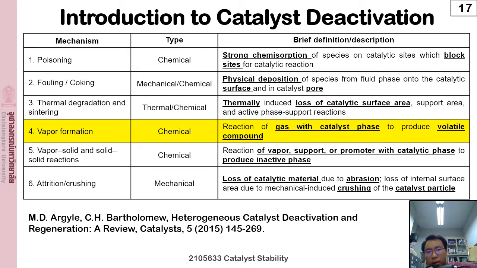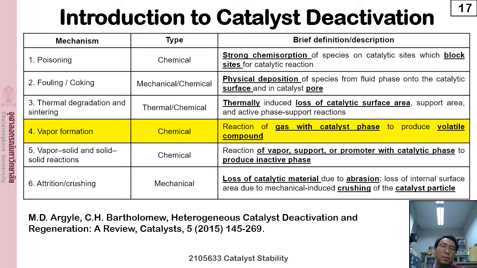Going next to the fourth type of catalyst deactivation, vapor formation, which is a chemical deactivation. This vapor is the vapor of the active site, so your active site will evaporate.